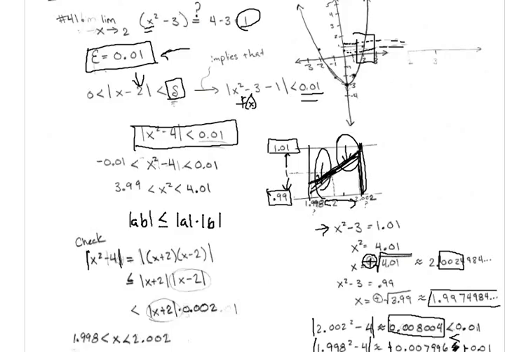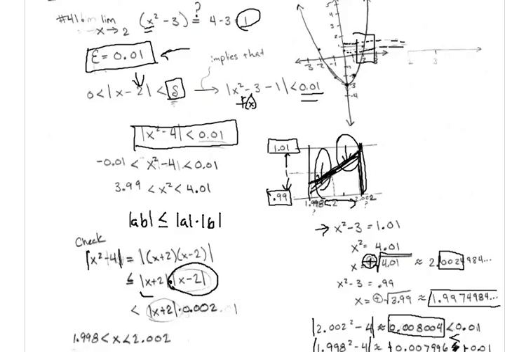So, knowing that, I can split these up into two different absolute value functions. So, this quantity will always be less than or equal to the absolute value of x plus 2 times the absolute value of x minus 2. Now, if delta is what I set it to be, 0.002, then I know that the absolute value of x minus 2 is going to be less than 0.002.